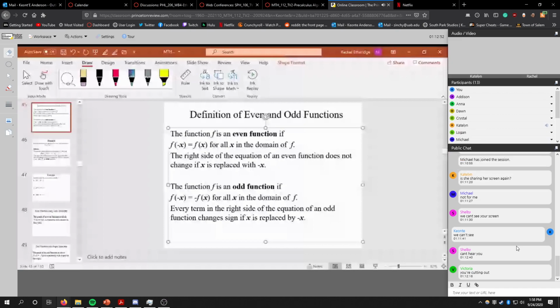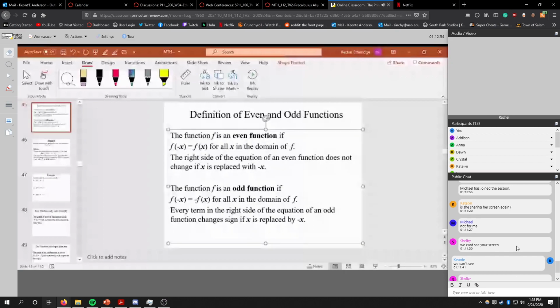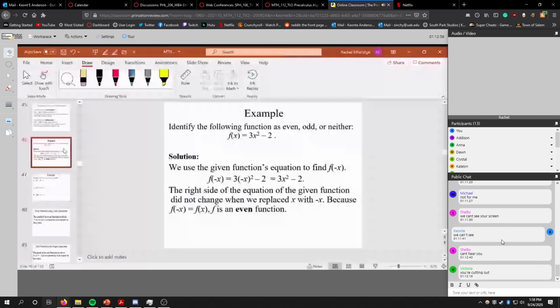So the easy thing is just, again, to show this to you. It says identify whether the function is even, odd, or neither. If you plug a negative x in, and this one's pretty much already done, that means everywhere you have an x, you're going to put a parentheses and plug in a negative x.